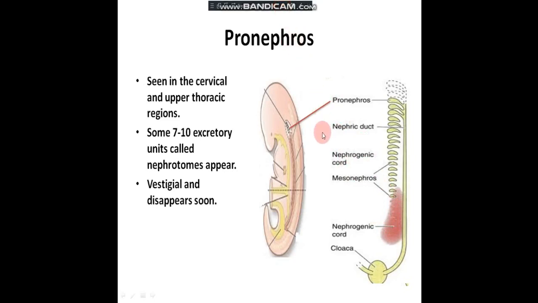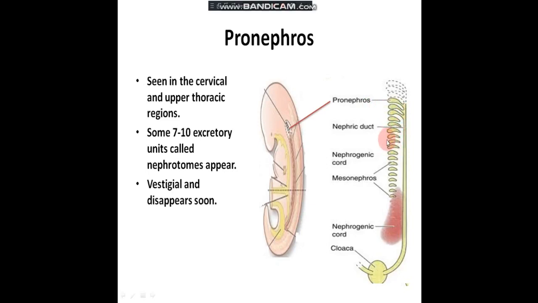From our discussion so far, we can come to know that the intermediate mesoderm is divided into three systems. From above downwards, we have the pronephros, which appears early but does not compensate for removing the metabolic waste products in human beings and other higher animals. Then we have the mesonephros, which does have excretory tubules.